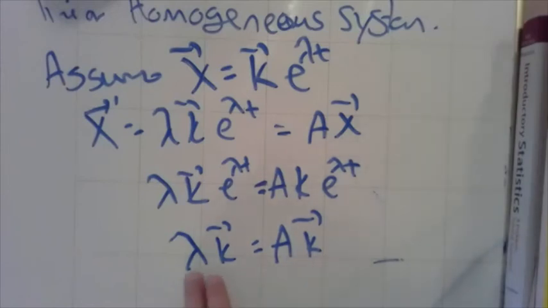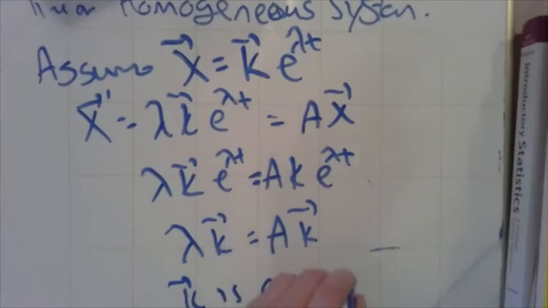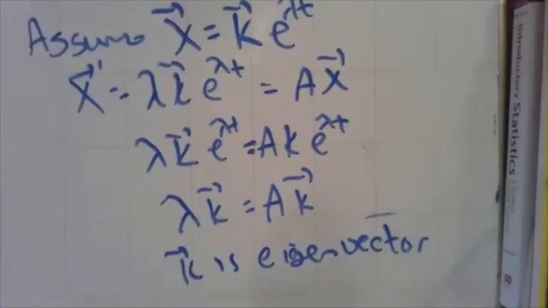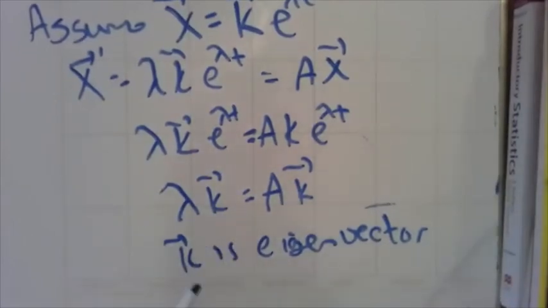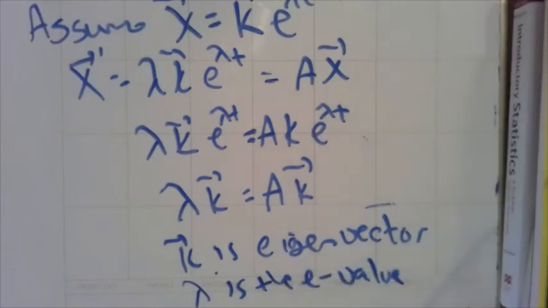And we call this number the associated eigenvalue for that eigenvector. So K here is an eigenvector. Eigen is the German word for characteristic, so we could call this a characteristic vector of that matrix. And lambda is the eigenvalue that goes with that eigenvector. That's what we're trying to find: that eigenvalue and that eigenvector.